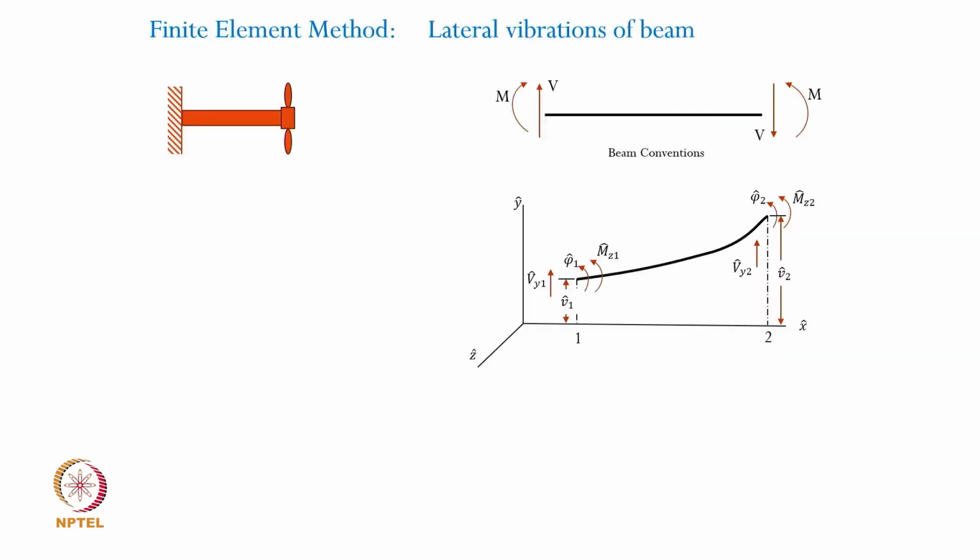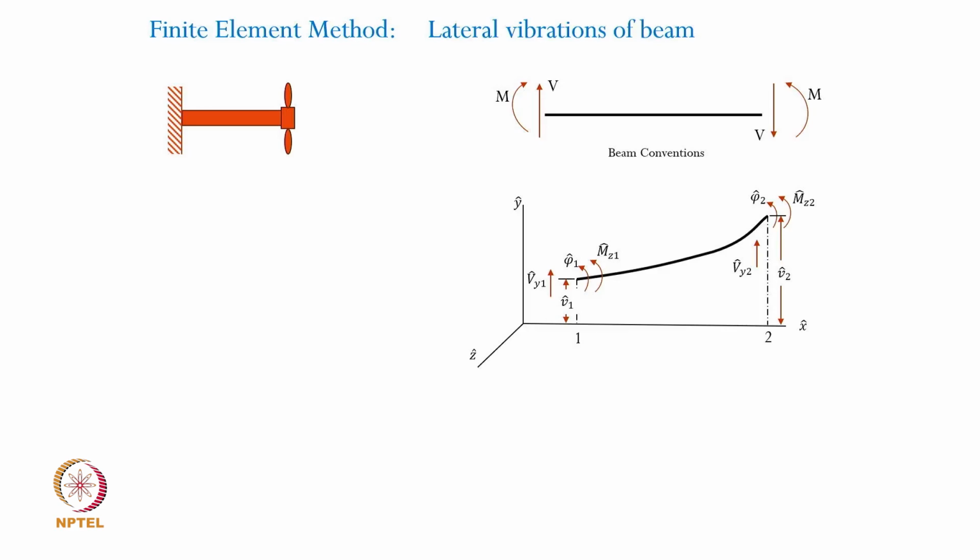Now we look at this method from the context of a lateral vibration problem. The same propeller or, let's say, any wind turbine rotor can be represented like a cantilevered shaft, and that will undergo lateral vibrations.